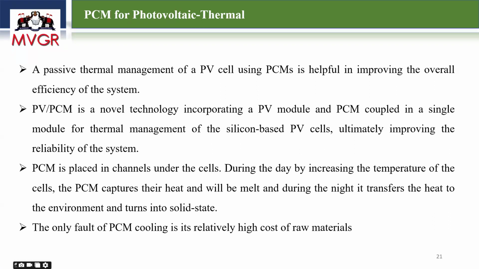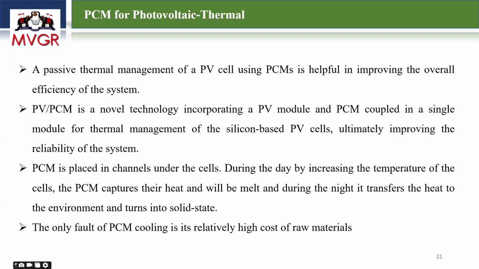If you keep a solar PV panel in sunny atmospheric conditions, the surface temperature of the panel rises up to 40 or 50 degrees because of the ambient conditions. But the cell gives its best performance only at 25 degrees.